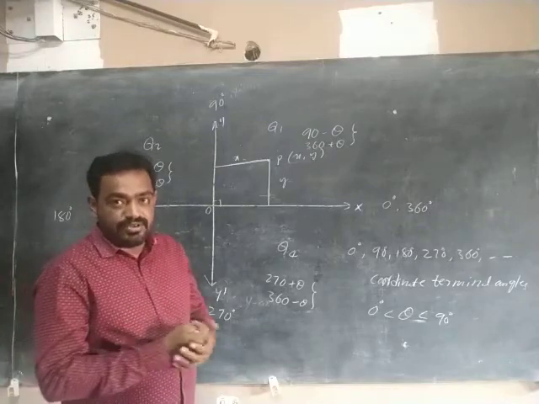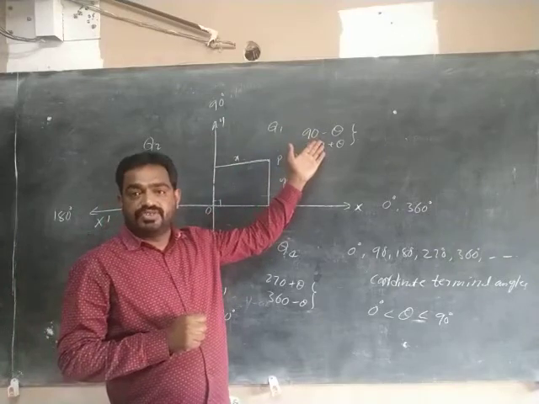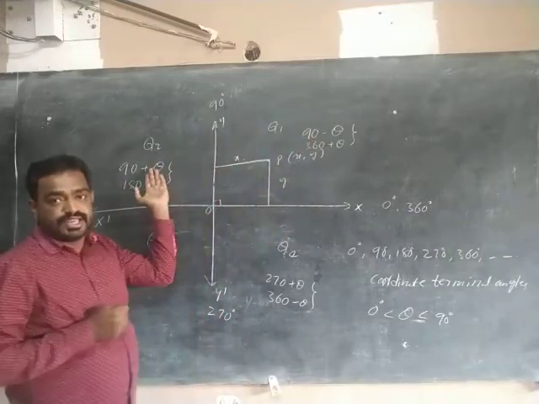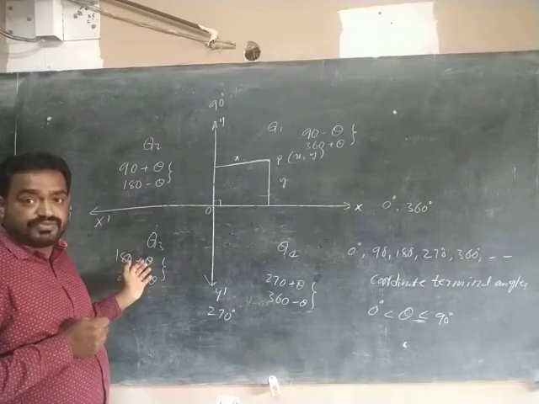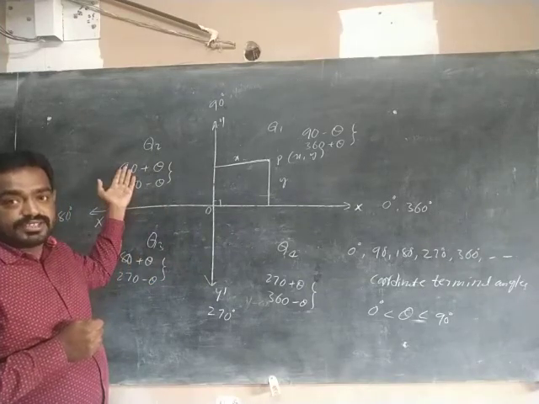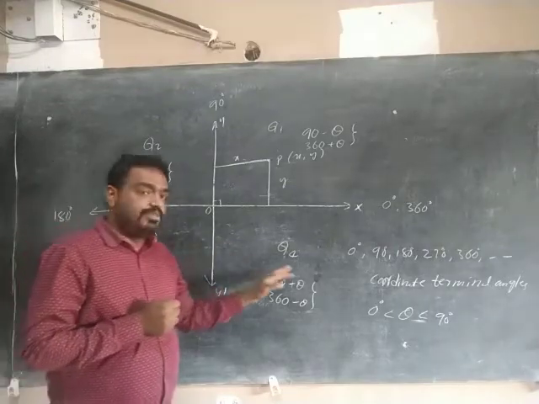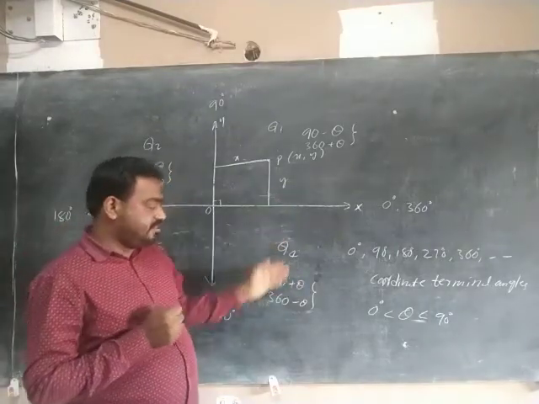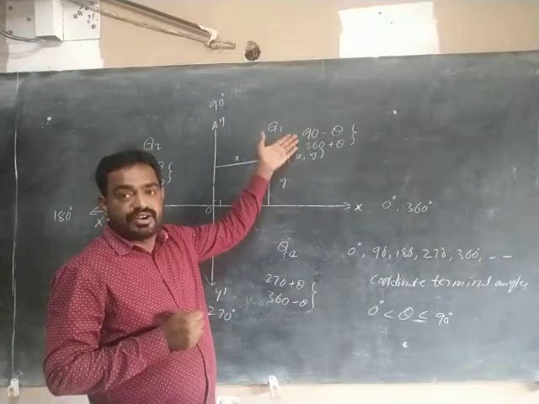So theta is the acute angle. 90 minus theta is in the first quadrant, 90 plus theta in the second quadrant, 180 minus theta in the second quadrant, 180 plus theta in the third quadrant, 270 minus theta in the third quadrant, 270 plus theta in the fourth quadrant, 360 minus theta in the fourth quadrant, and 360 plus theta in the first quadrant.